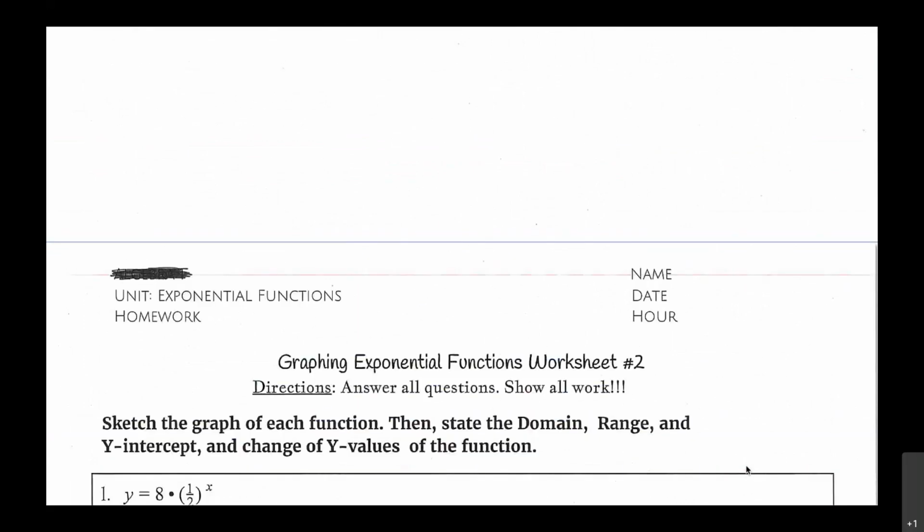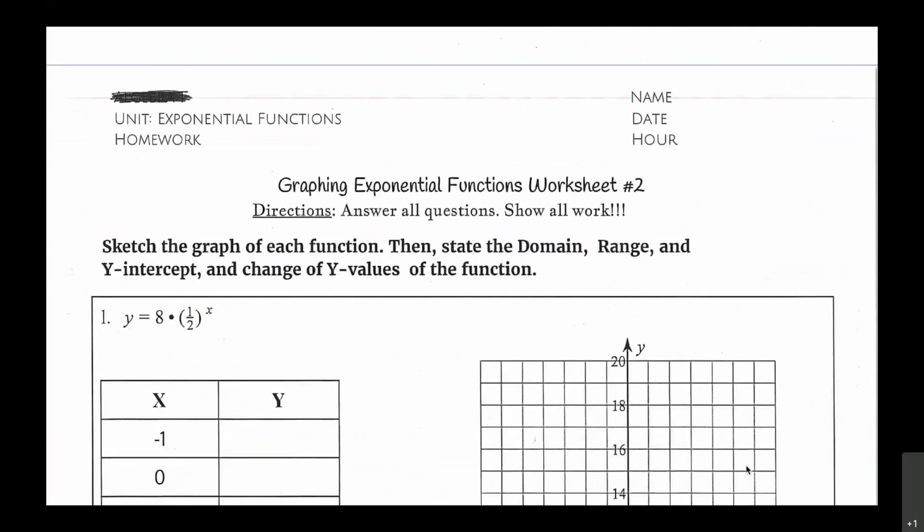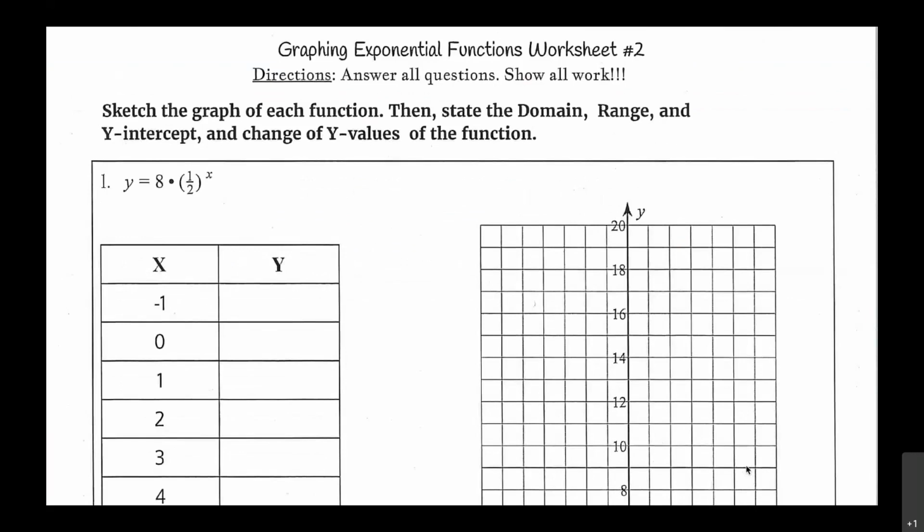Because now it says worksheet number 2. This is still part of the whole packet, which is your assignment. I know it looks like a lot of problems. It's not. There are only like 6 or 7 graphing problems total in here. So ignore the fact that it says worksheet number 2. This whole thing is your first assignment.